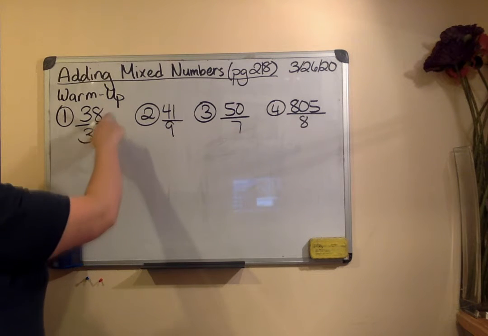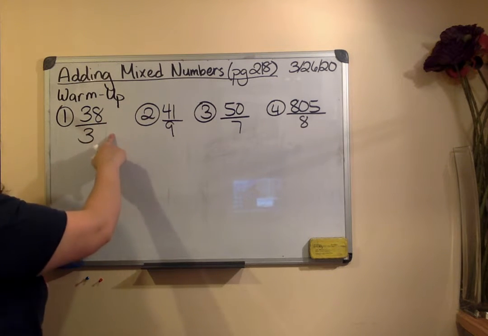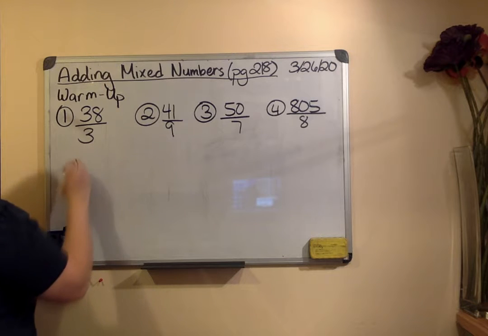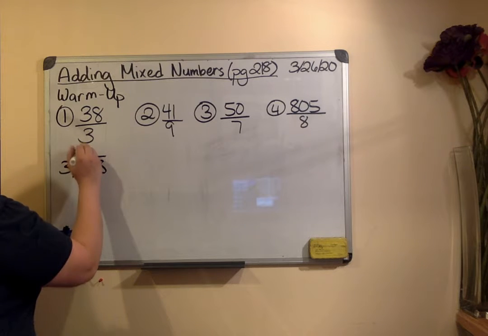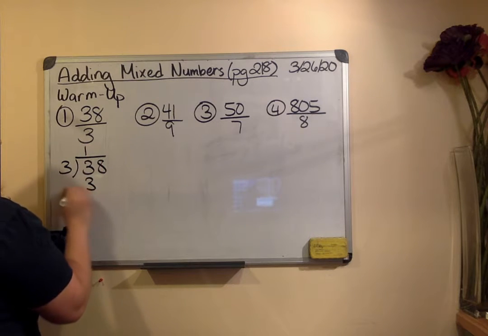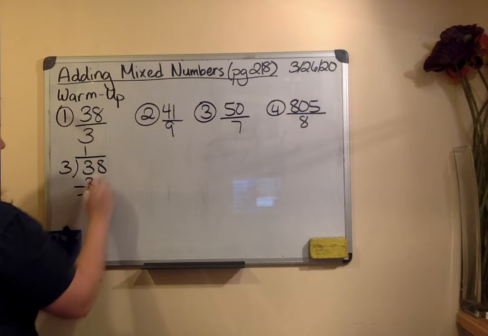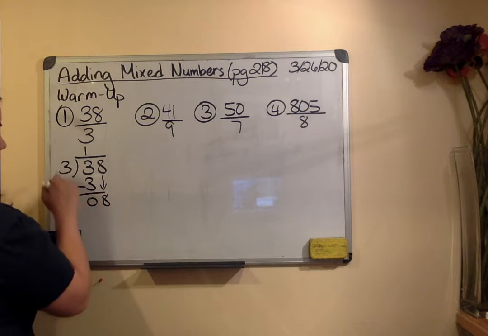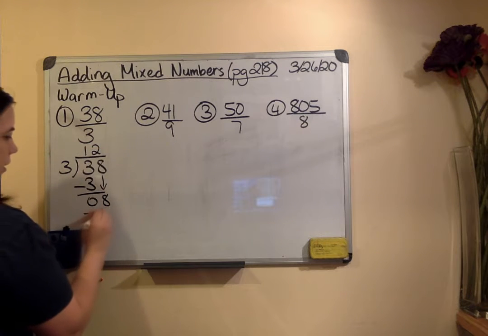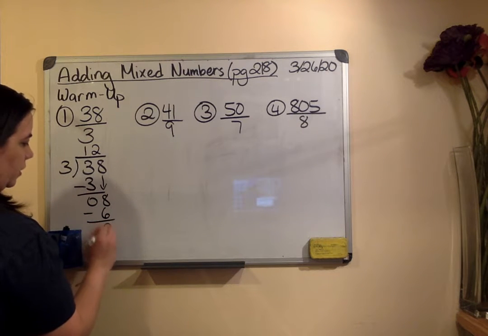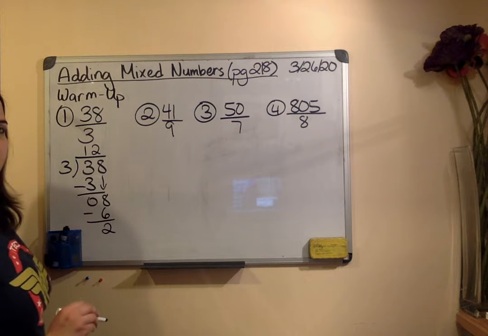You have to do 38 divided by 3. You can do that underneath here. 3 can go into 3 once. You bring down your 8. 3 can go into 8 twice. That gives me 6, and that gives me a 2 as my remainder.